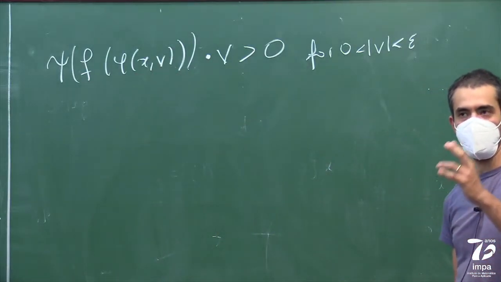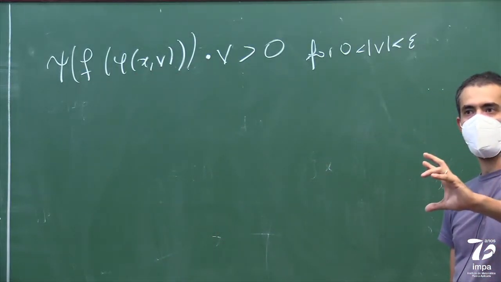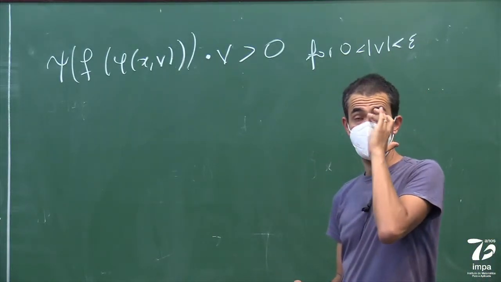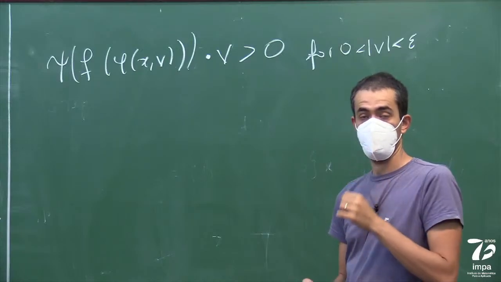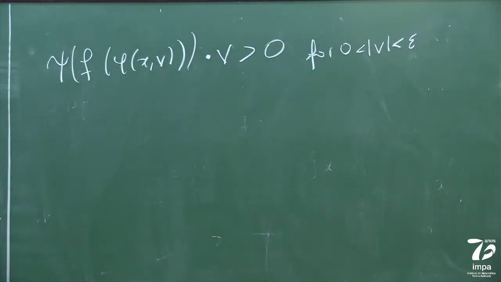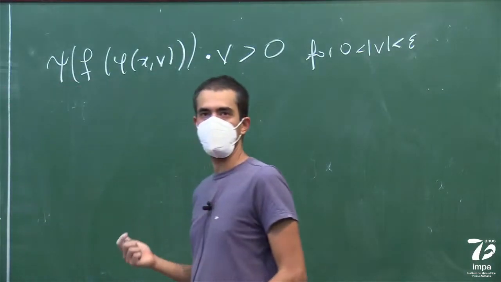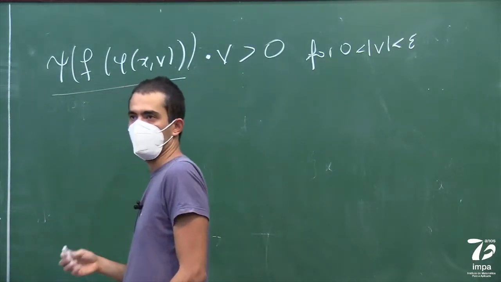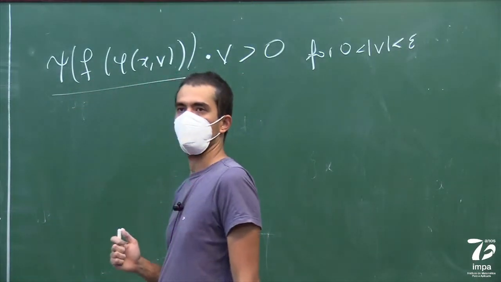And that's why it's important to fix that basis at the origin for every x. This is not true for v equals 0, obviously, but the point is that this can be approximated by this derivative.